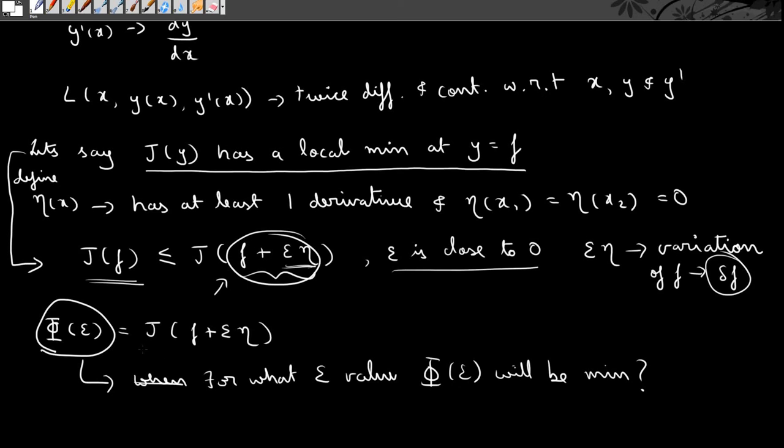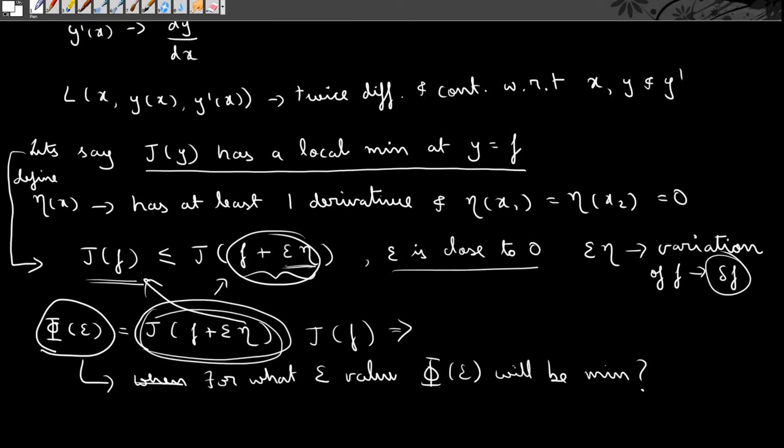So we know that this particular value goes to a minimum when the argument is just f. So for phi of epsilon to be minimum, this function must be minimum, which is true only when f plus epsilon eta is equal to f.